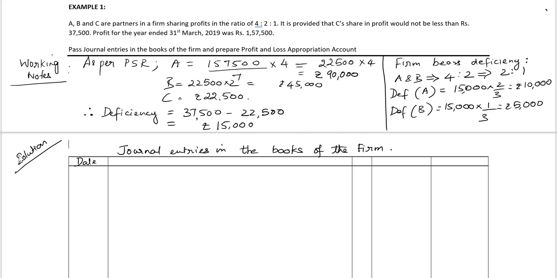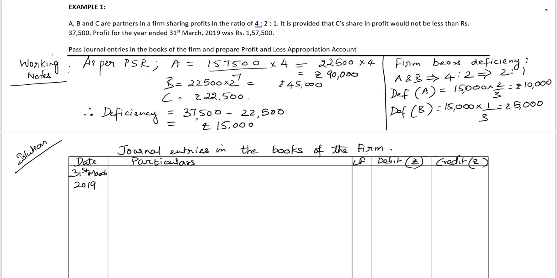Date, particulars, LF, debit rupees and credit rupees. The date is 31st March 2019.